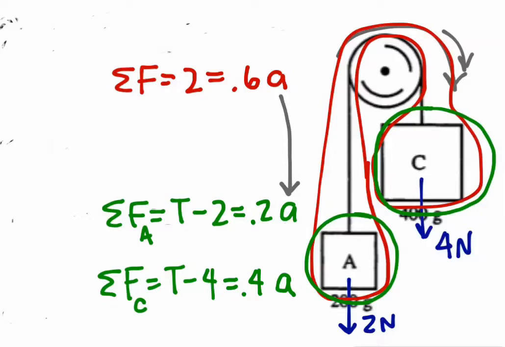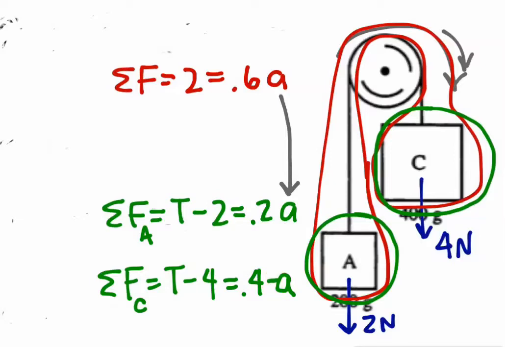Object C, the acceleration for object C is acting down. The acceleration is in this direction. And what that means is if we had chosen block C to find our tension, we would not get a correct answer with a positive value for acceleration. We would have to make it match our free body diagram. In other words, we would have to account for the direction of the acceleration when we went to make that calculation right there. Okay.